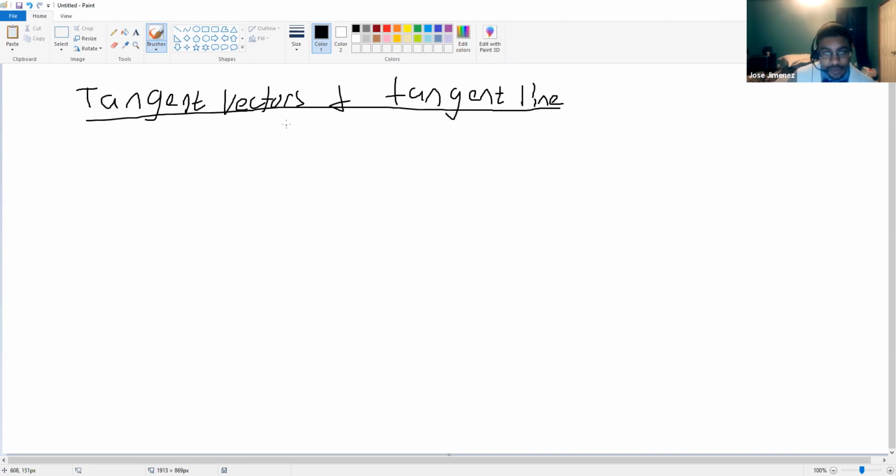So what we're going to say is if we're given a smooth curve, and this is actually very, very essential, it has to be a smooth curve. And I'll tell you guys what a smooth curve means because there's an actual mathematical definition for a smooth curve if you haven't seen it before.